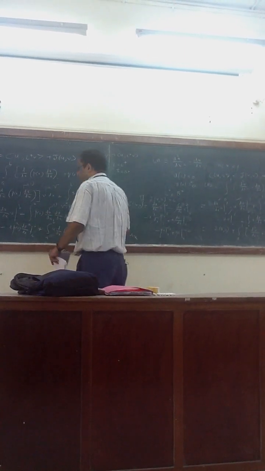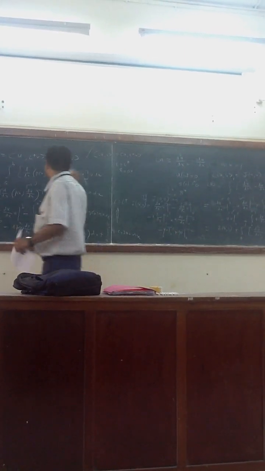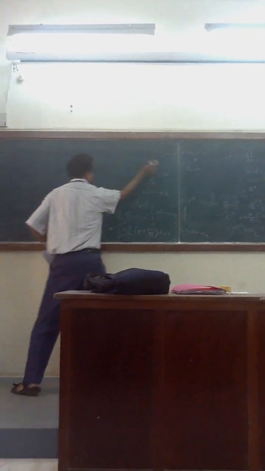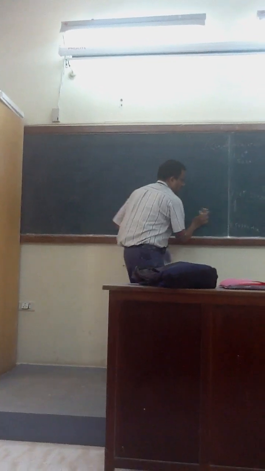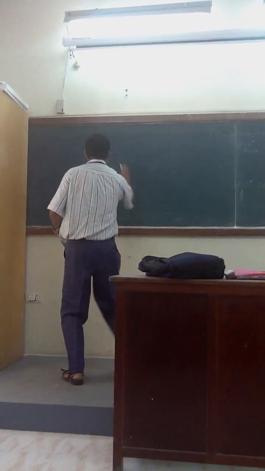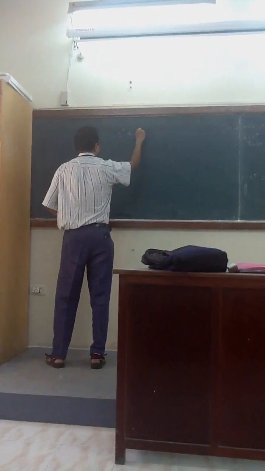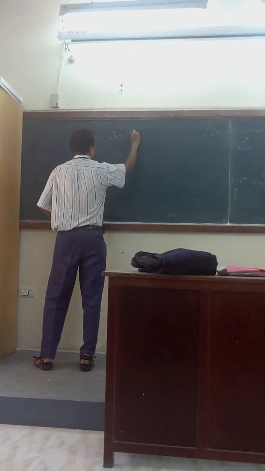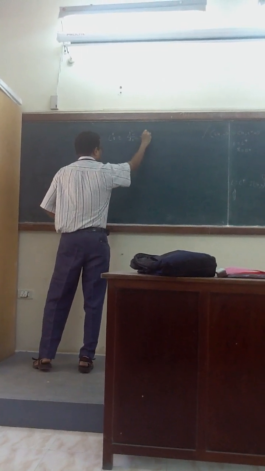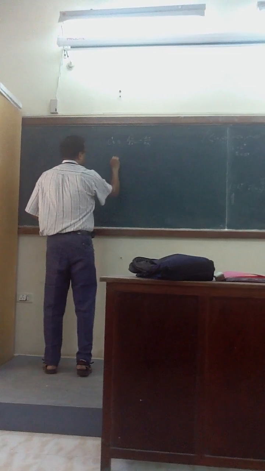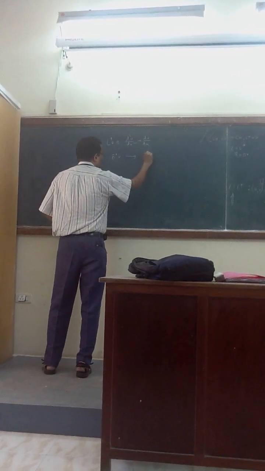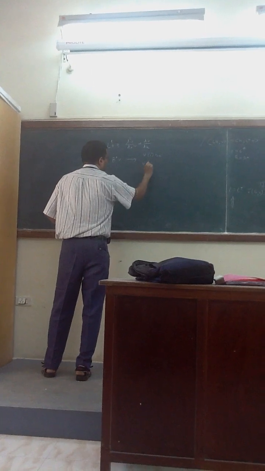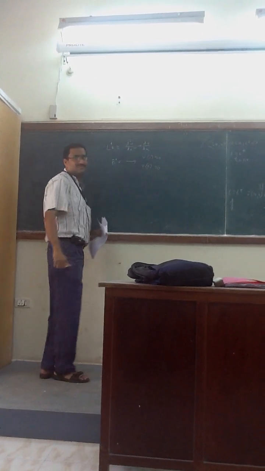So the adjoint operator has become, what's the adjoint problem then? Adjoint problem: L star v is d2v/dx squared plus dv/dx, and B star v is given as v1 equals 0 and v0 equals 0, right?